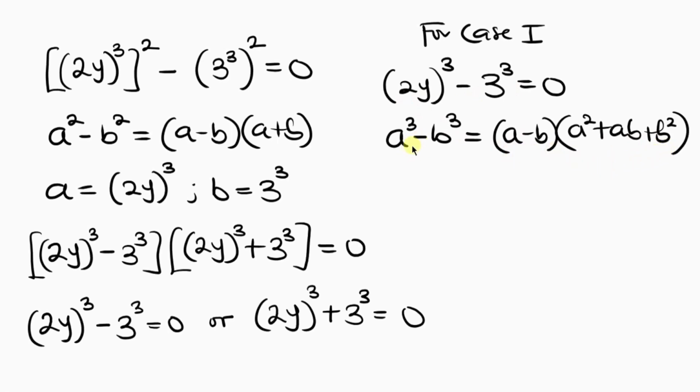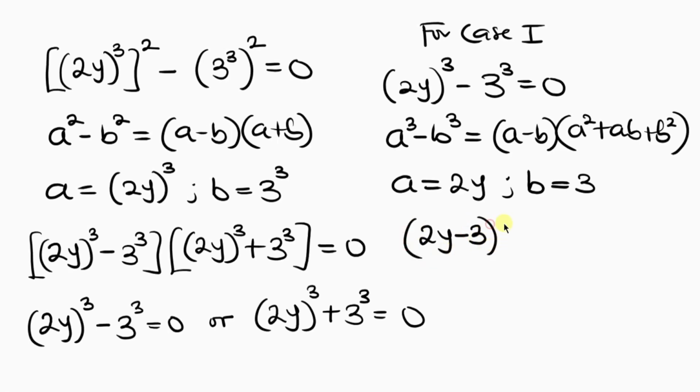And when looking at our expression by comparing, you see that a is in the form of 2y and that our b is in the form of 3. Okay, writing in this form, we have a minus b. A is 2y minus b, which is 3. Very good.